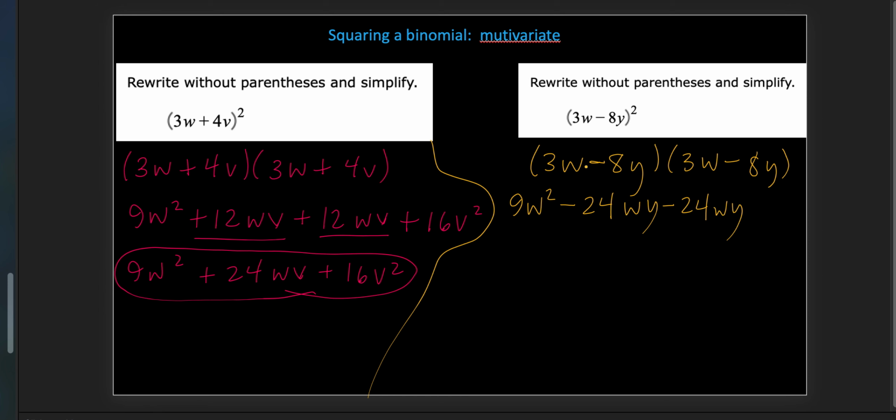And then the last positions is negative 8y times negative 8y, and that's plus 64y squared. So we just look for like terms, like right here. And we have 9w squared minus 48wy plus 64y squared.